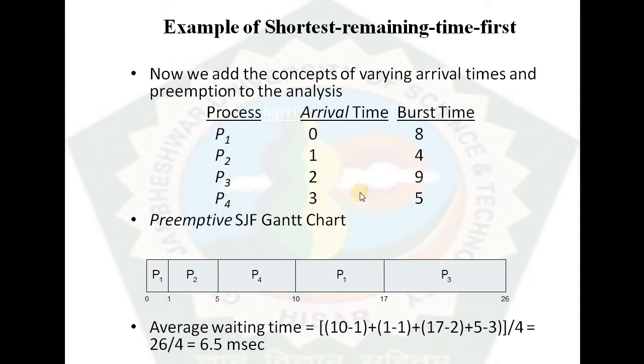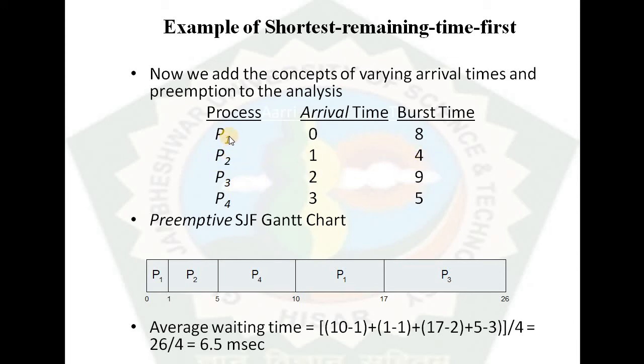Between these four processes, again the algorithm runs, and P2 still has the smallest CPU burst time, so P2 will complete its execution. No more processes are coming at arrival times 4, 5, 6. In this example we have only 4 processes and P2 has completed its work.